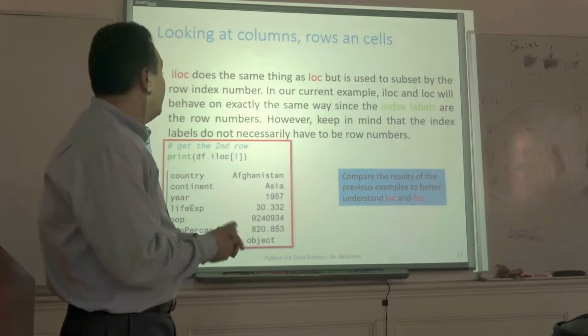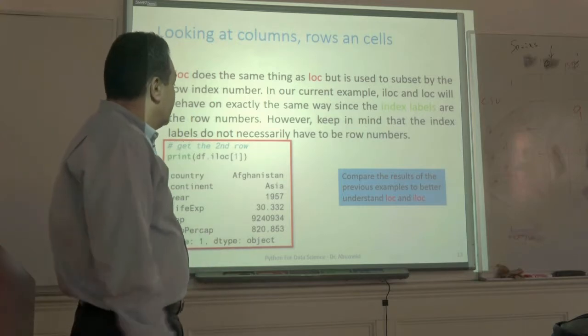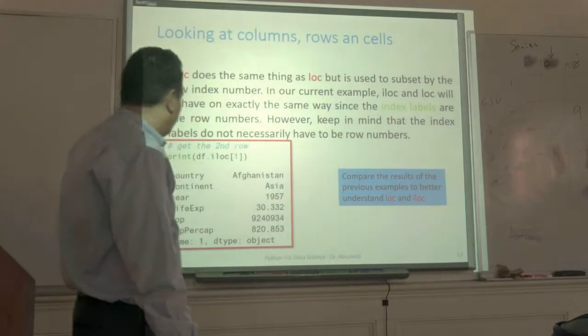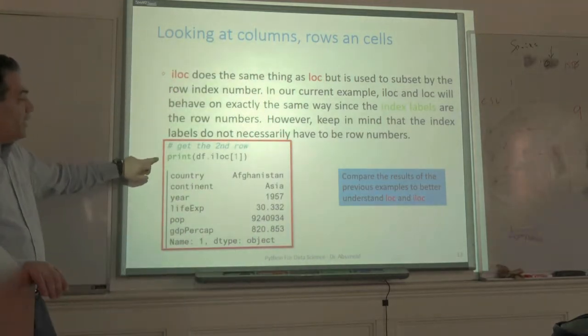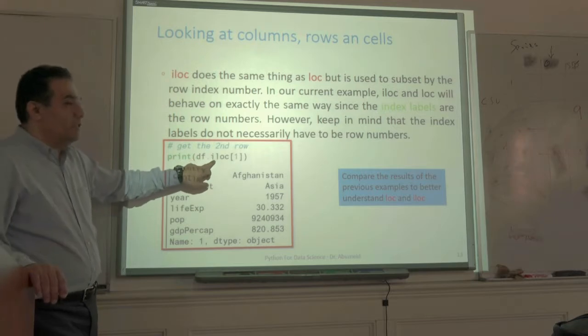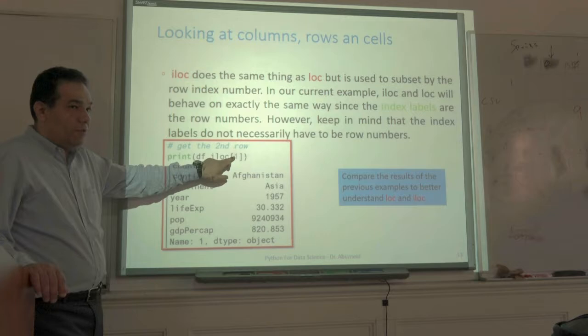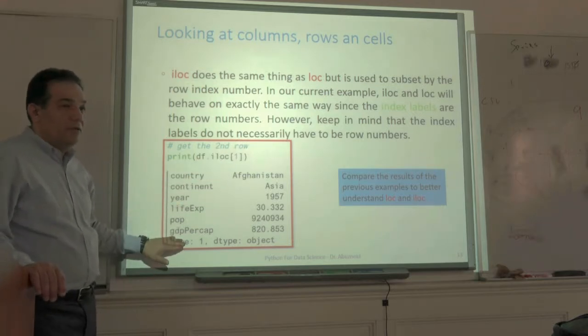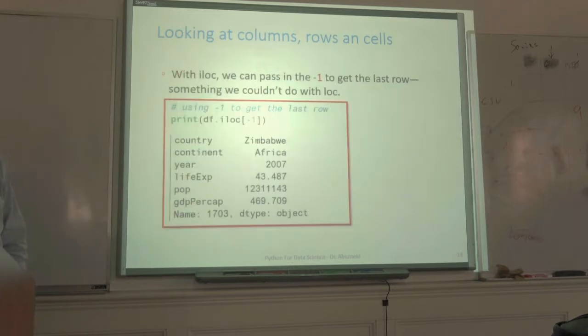However, keep in mind that index labels do not necessarily have to be row numbers. You could change that, right? So if I need to look at the second row, I use iloc 1, because 1 means the second row, and it gives me the list there.